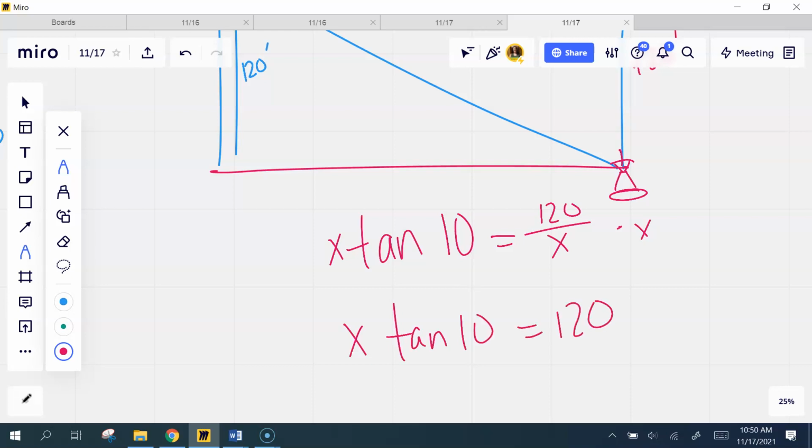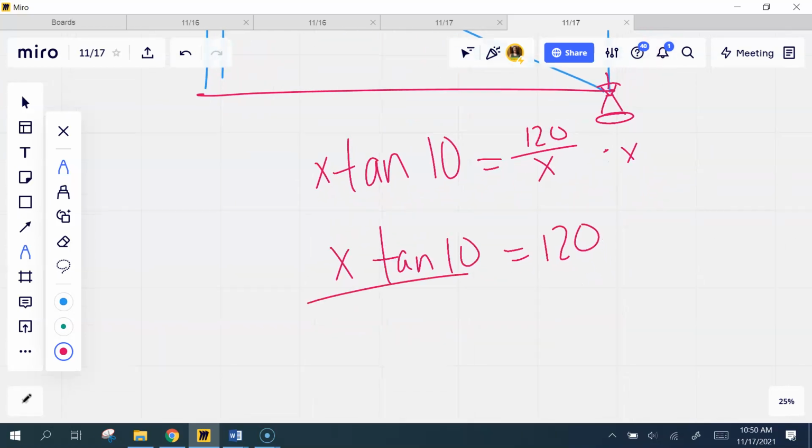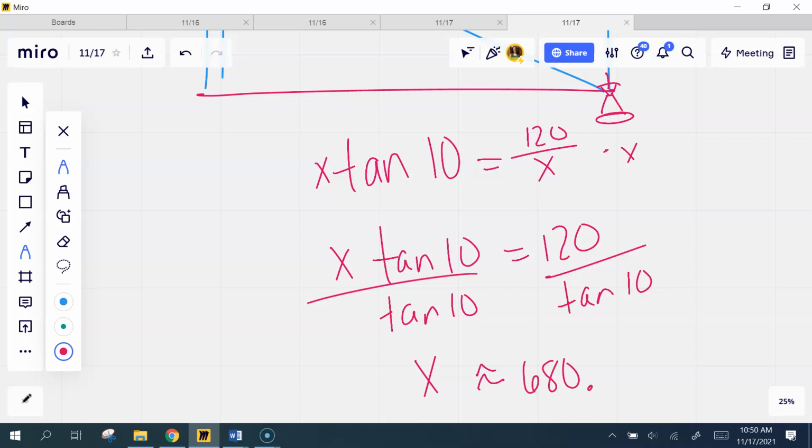Then I divide by tan 10. I could put this straight in my calculator: 120 divided by tangent 10, and I would get approximately 680.55.